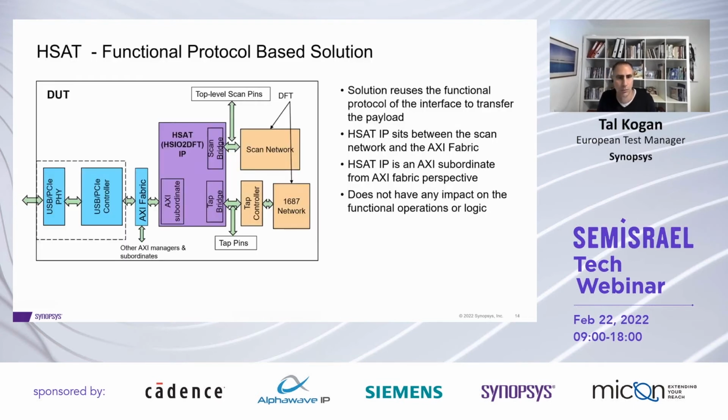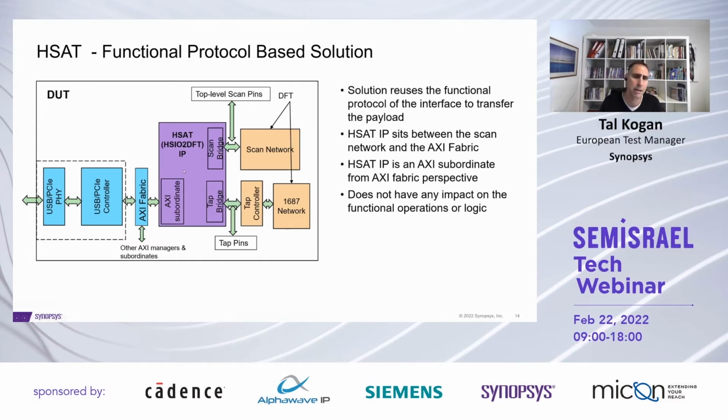Okay, so let's look a bit at this diagram and see what kind of parts this solution has, right? As I mentioned, it would have the PHY. We're looking now at the DUT. So it would have the PHY of the USB or PCIe, and obviously the controller as well. All this is the functional serial interface part you're all familiar with. Now, that would probably write to some AXI fabric that you might have on your SoC. And in turn, this would communicate with the HSAT IP.